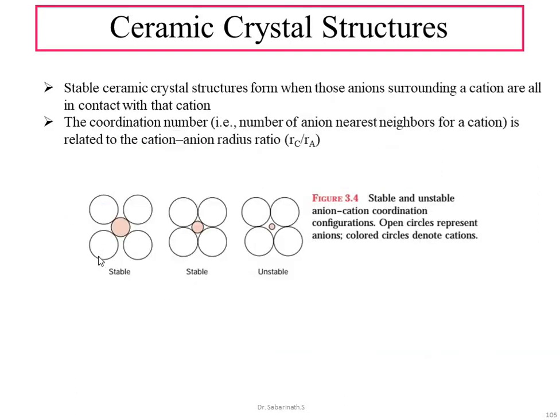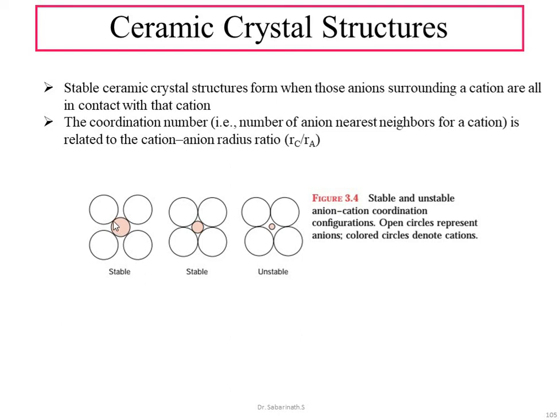You can see here, there is a contact here, there is a contact here, and here there is no contact. The open circles represent anions, and the colored circles denote the cations, the positive charges.